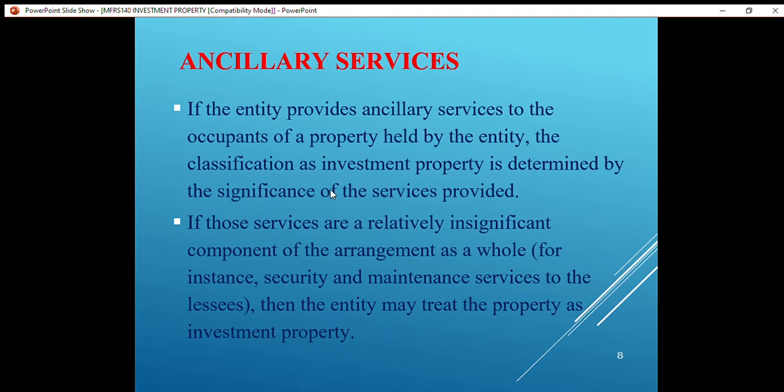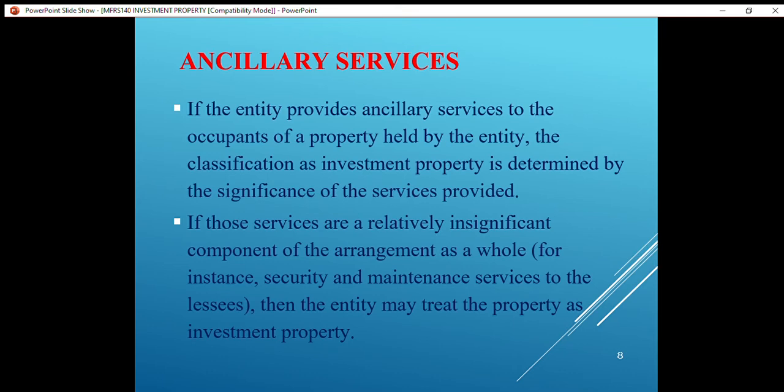So for ancillary services, such as security and maintenance services, utility services, and so on, if the services provided by the entity to the occupants of the property are insignificant compared to the whole arrangement of the property, the whole property can be classified as NIP.